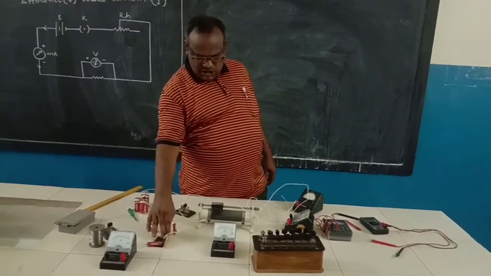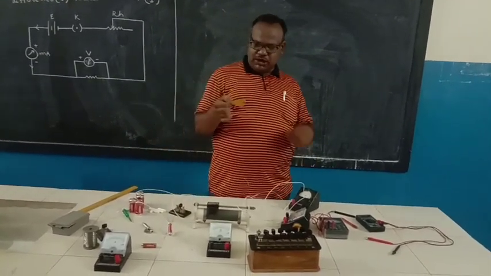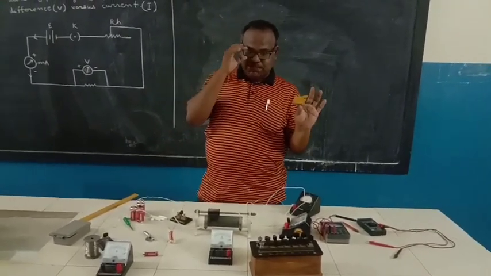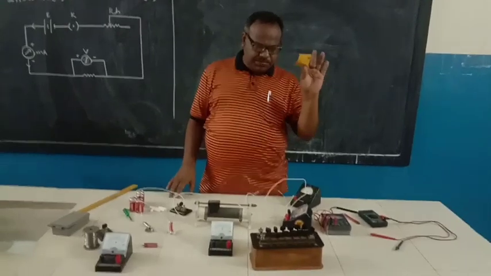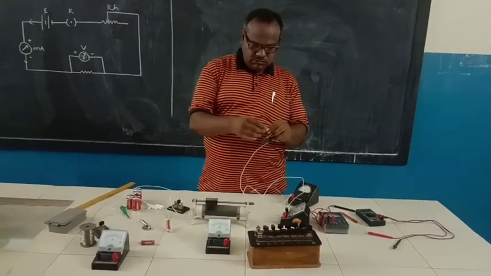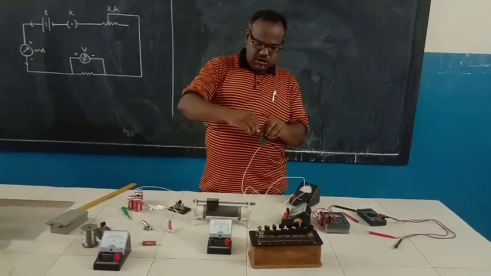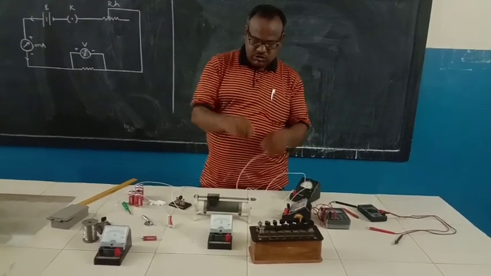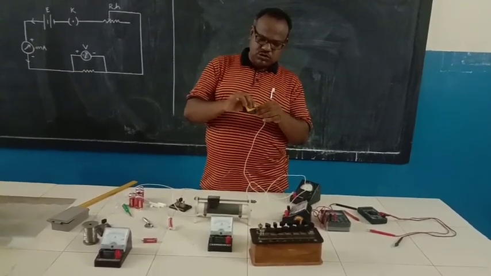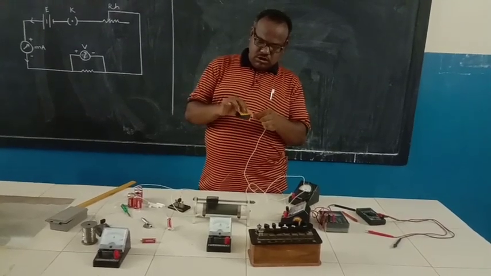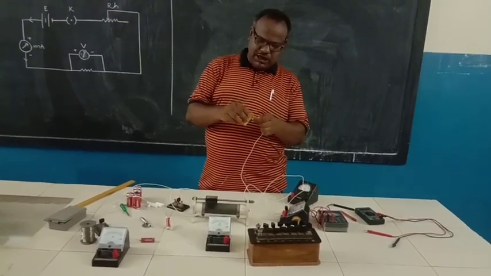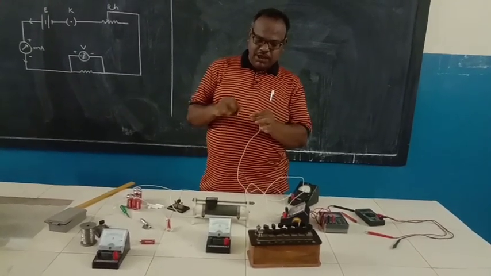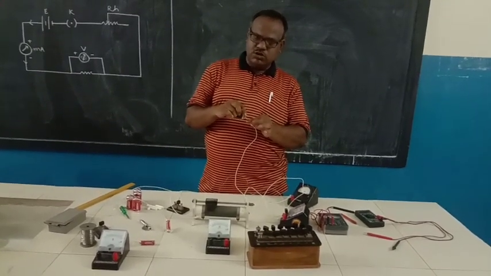And here you see I have taken a small piece of paper. This piece of paper is called sandpaper. Usually before connecting all, the end where the connection is to be done should first be rubbed properly with this, so that it will have very good conduction.